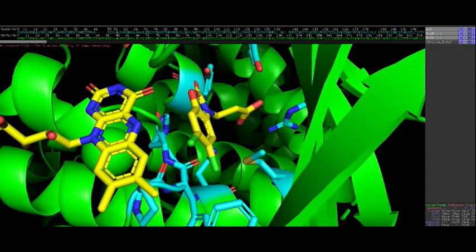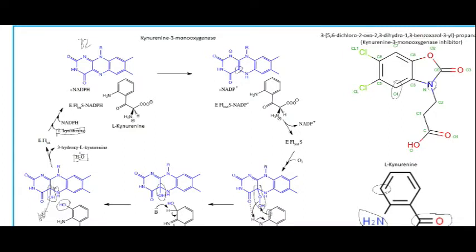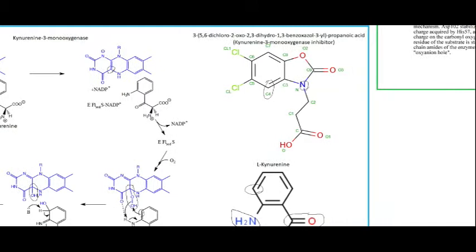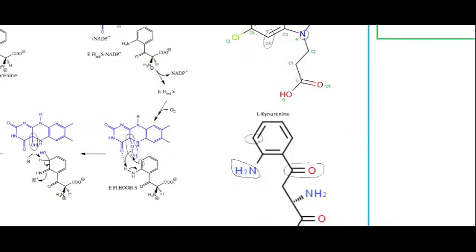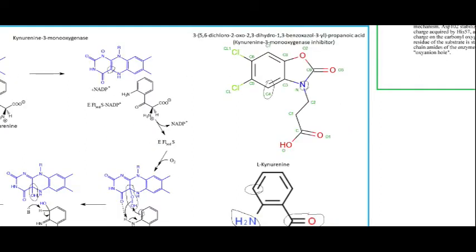So the reason I went through all that about this structure here is because that's oftentimes the logic behind an inhibitor, that it fits similarly into the active site, but it just doesn't react like the actual substrate will react.